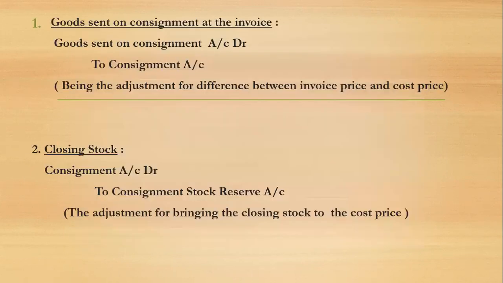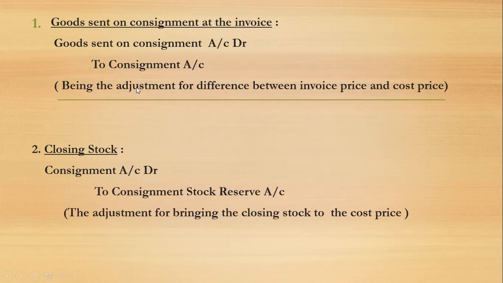In this method, only two entries will be added. First is when goods sent on consignment at the invoice price, the general entry will be goods sent on consignment account debit to consignment account credit.